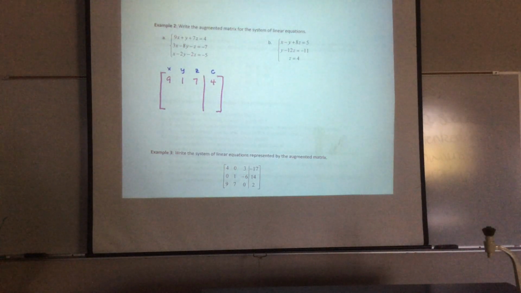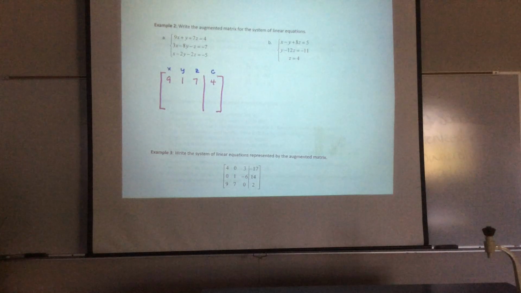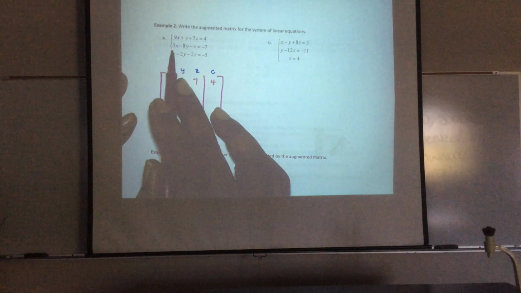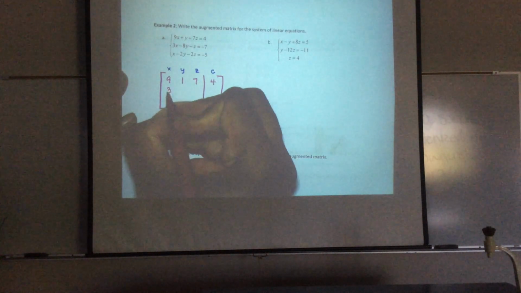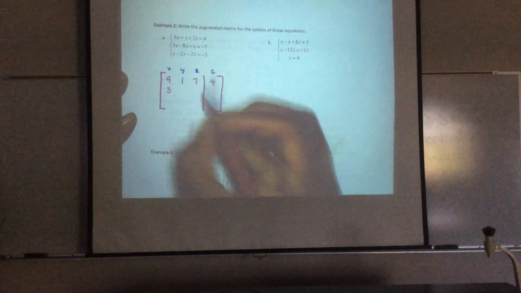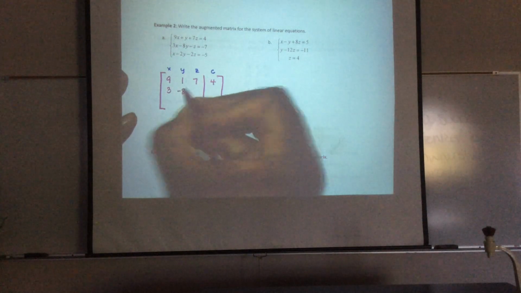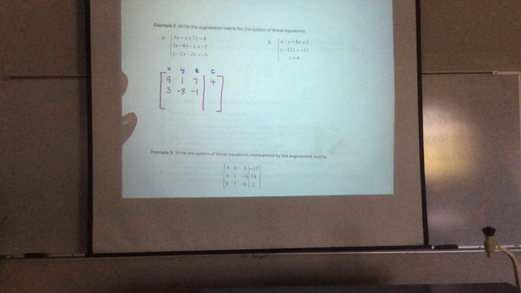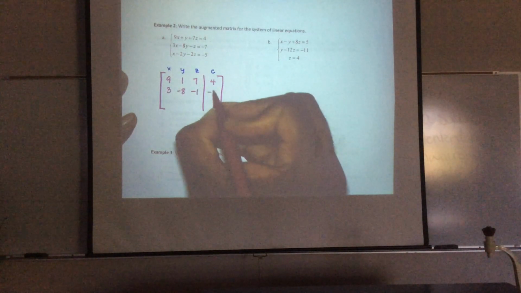And now for the second equation, 3x minus 8y minus z equals negative 7. The coefficient of x is 3. The coefficient of y, negative 8. And the coefficient of z is an understood 1, but it has a minus sign, so it'll be negative 1. And then your constant, negative 7.